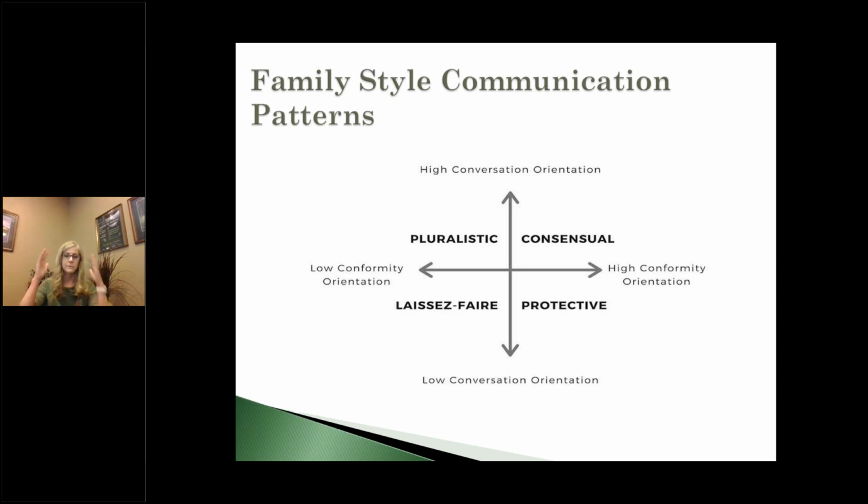I'm trying to do that backwards. So what you're going to see in the middle is at the top half, the high conversation orientation, either pluralistic or consensual. Both of those are healthy conversations in a family that engender positive interaction and respect.